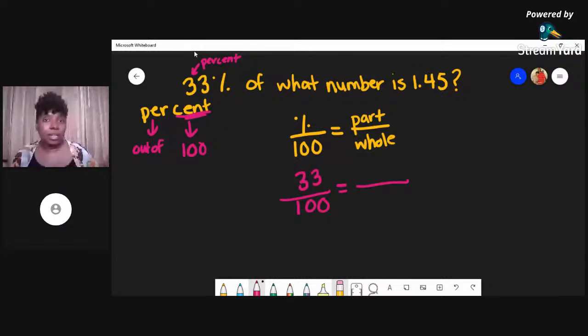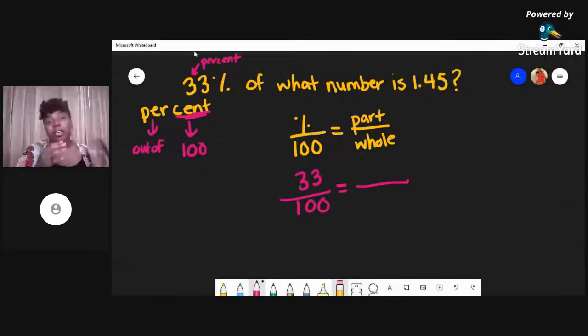Now, 33%, is that the whole amount or part of it? It's part of it, right? And is that more or less than half of something? It's less. Okay, so it's less than half. So I'm taking a percent of some number. Is that number that I'm taking a piece of going to be the part, or do you think that's the whole?